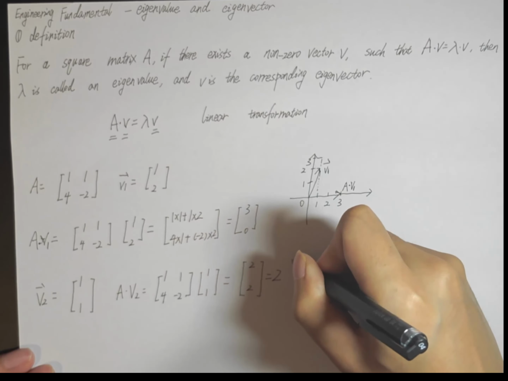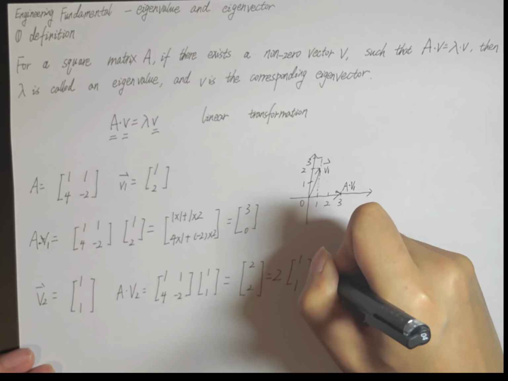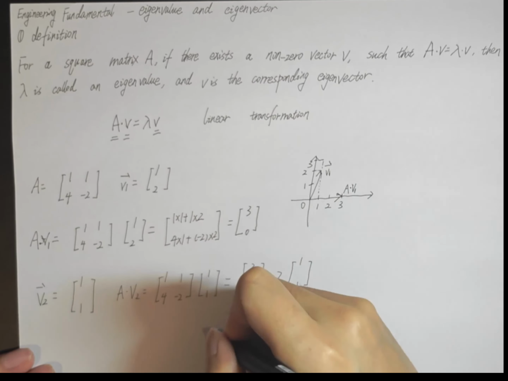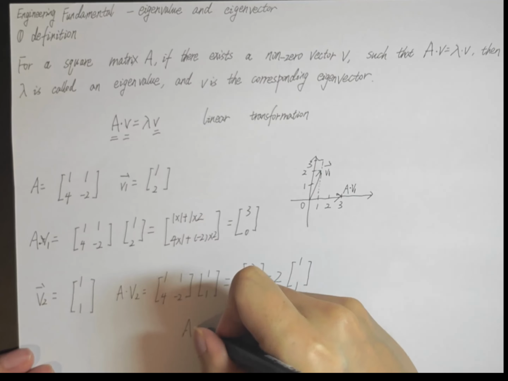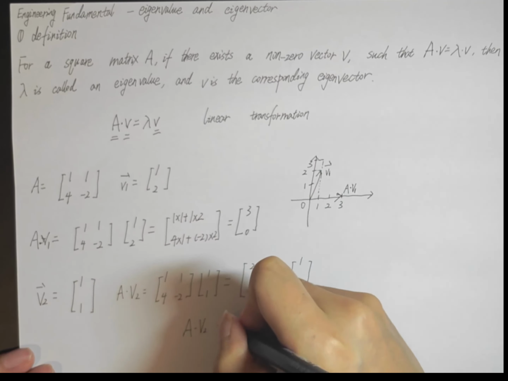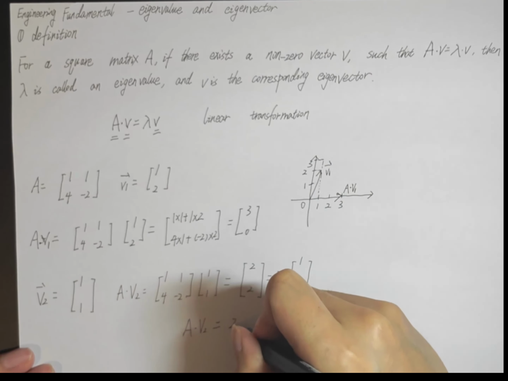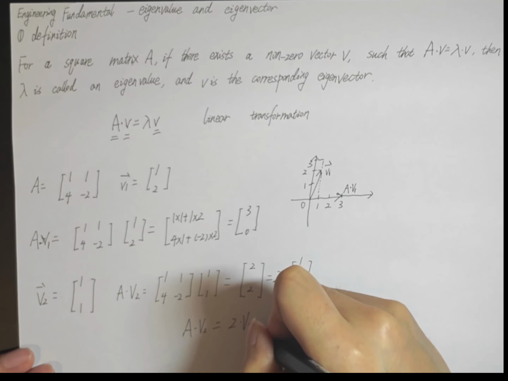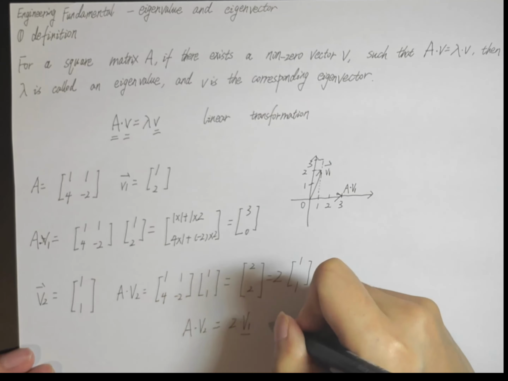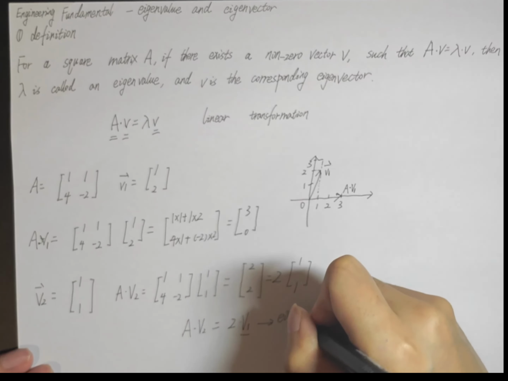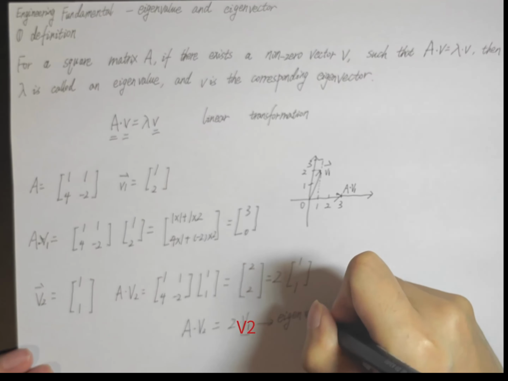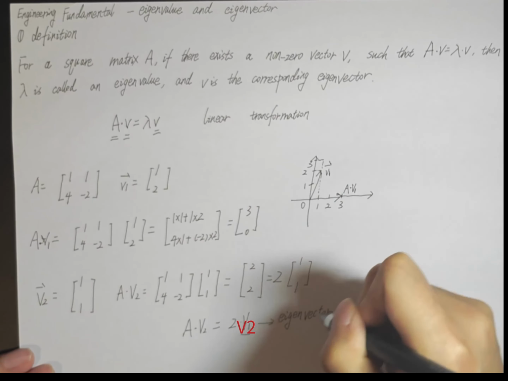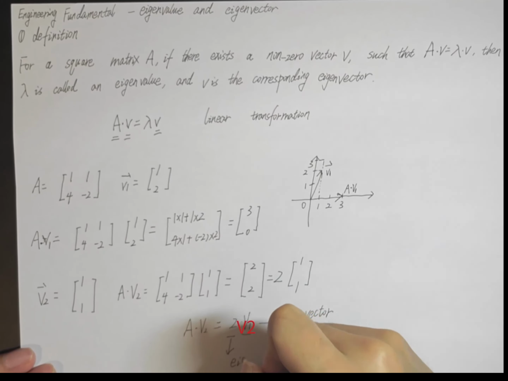We can also write it as 2 times the column vector [1, 1]. Finally, we get the formula: matrix A multiplied by vector V2 equals 2 times vector V2. Here, vector V2 is an eigenvector, and the number 2 is an eigenvalue.